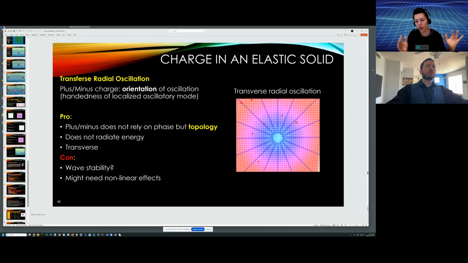Others think, no, it's longitudinal. I'm not sure yet which one is the right way to go, because I think both have some challenges, and we'll have to just continue to research and come up with experiments. And maybe there's also non-linear effects, which are hard to come up with solutions for, right?